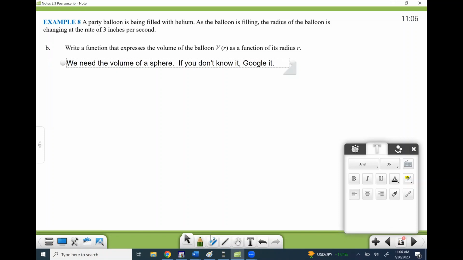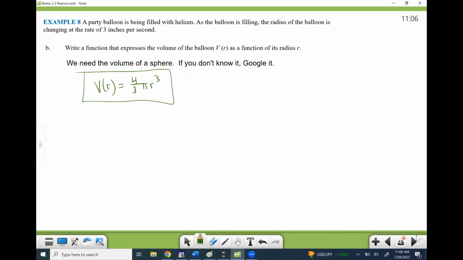Okay, so the volume of a sphere, if you were to Google it, would just be, and I'm going to put v of r, it would just put v, but it wants us to write it as a function of the radius. So I'm going to use function notation, but it's going to be 4/3 pi r cubed. All right, so that's just something you would straight up Google. You don't have to work for that guy.